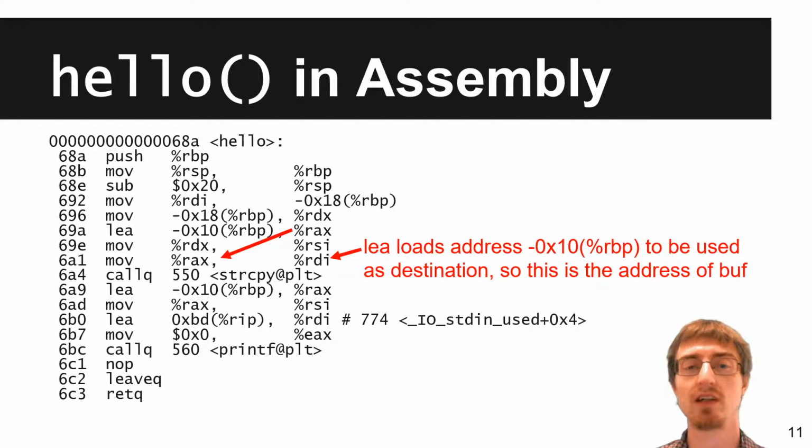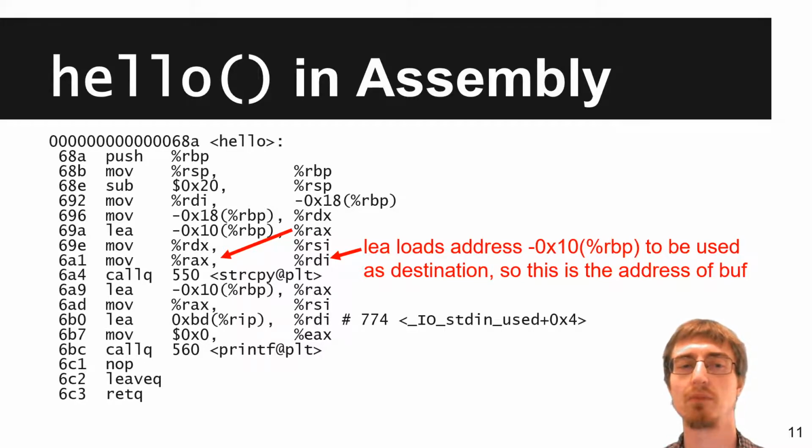So if we look at RDI, it's loaded from RAX. So we look back to the last time that RAX was written in the assembly code. And we find on line 69A that there's a LEA instruction loading RAX. Now obviously the LEA instruction is used to determine the address of the pointer stored there.